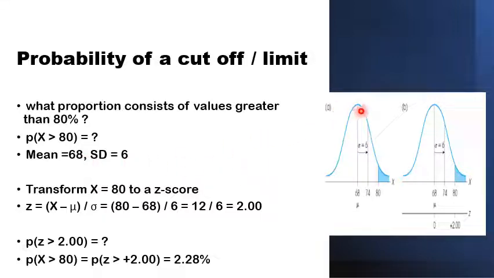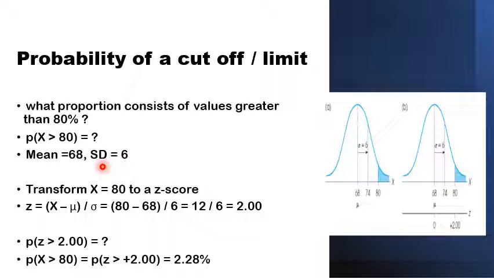So 68 will be here, and a standard deviation of 6. Each standard deviation will be about 6. What proportion consists of values greater than 80%? We would want to know, for example, how many students have marks above 80%, knowing that the average score was 68 and the standard deviation is 6.